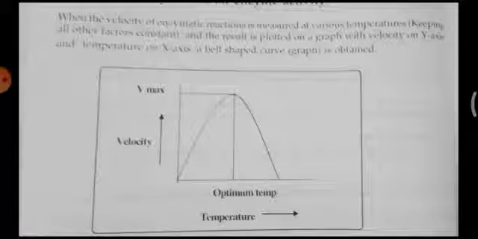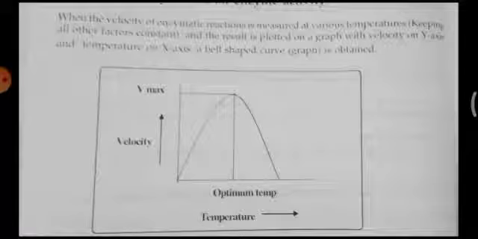In the human body, the normal body temperature is 37 degrees Celsius or 98 degrees Fahrenheit, and there the activity is maximum. Whenever it crosses above or below this temperature, the enzyme activity decreases. So above the optimum it decreases, and below the optimum it also decreases.